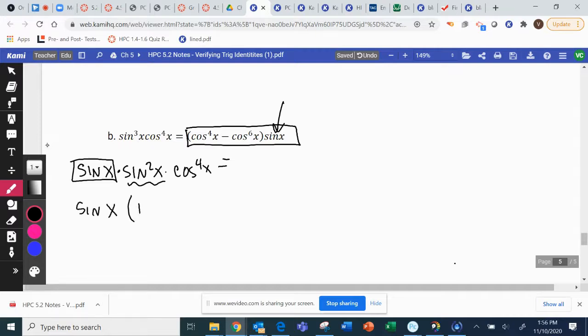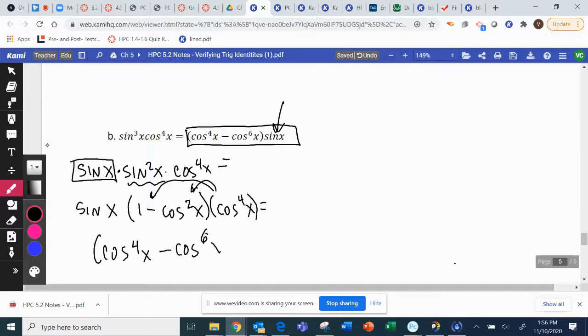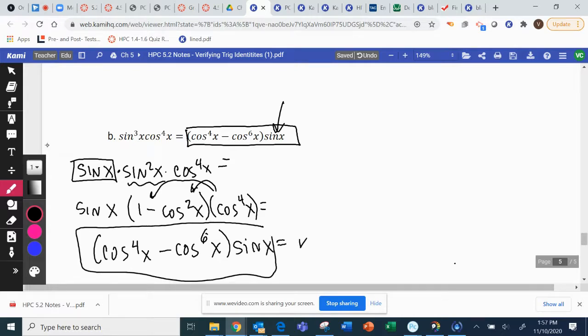This is going to be 1 minus cosine squared x, and then cosine to the 4th x. If I distribute here, I get cosine to the 4th x minus cosine to the 6th x, and then I'm just moving that sine x to the other side. So it looks the same. Done.